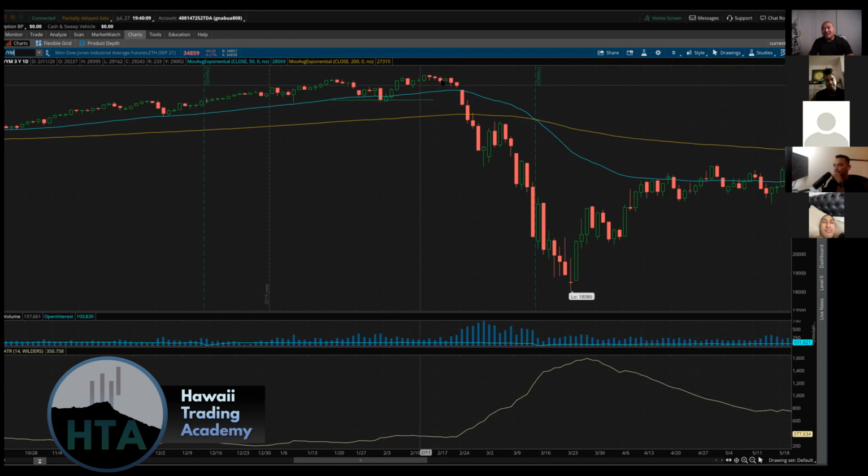And then when COVID hit, ATR ramps up, the bars get bigger, right? And if you aren't aware of how volatile the market is, you're just going to get whipped out. You're going to try to jump in short. That's what happened to me.